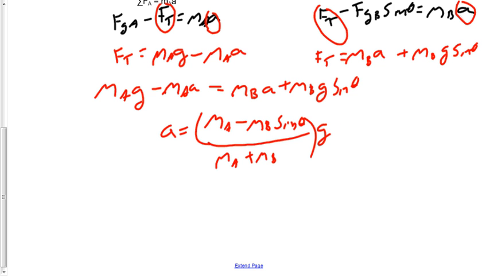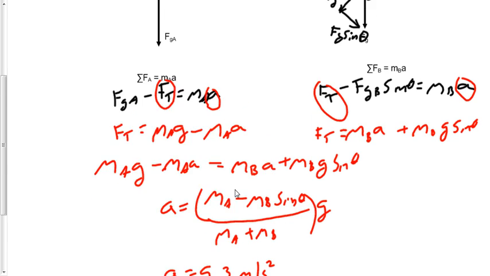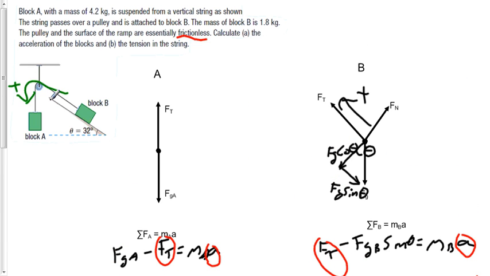I'll leave it to you to verify that's what you get. If you do that, I'm getting the acceleration to be 5.3 meters per second squared, and it's a positive number, which means we were correct in our assertion about which way this was going. So block A will accelerate down, and block B will accelerate up. There's the acceleration.